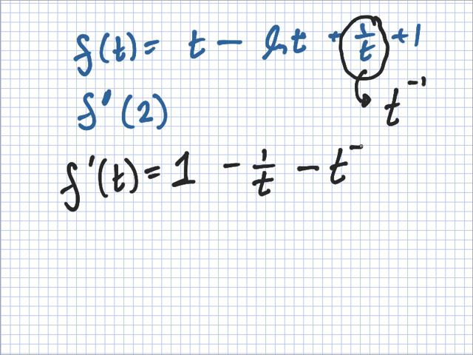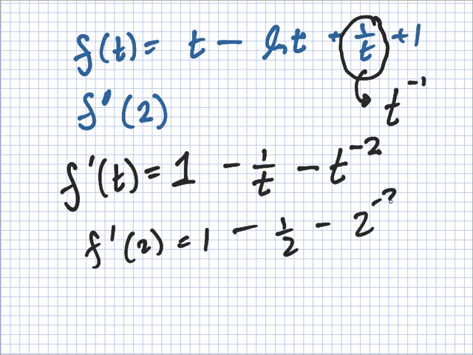Minus 2. And derivative of 1 is 0. And we need the t to be 2. So this will be 1 minus a half minus 2 to the minus 2. Which will be a half minus a quarter, which is a quarter, I hope.